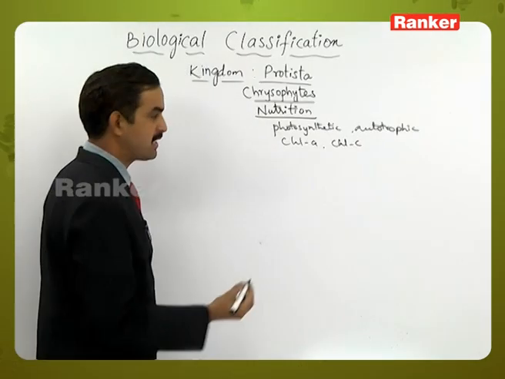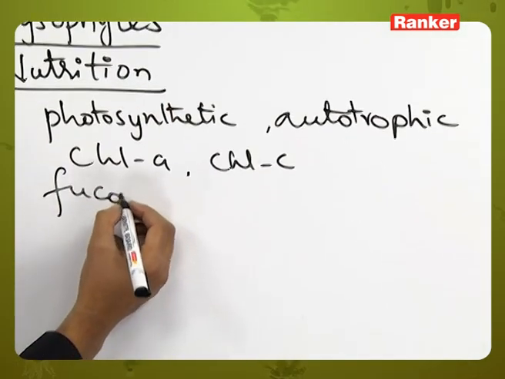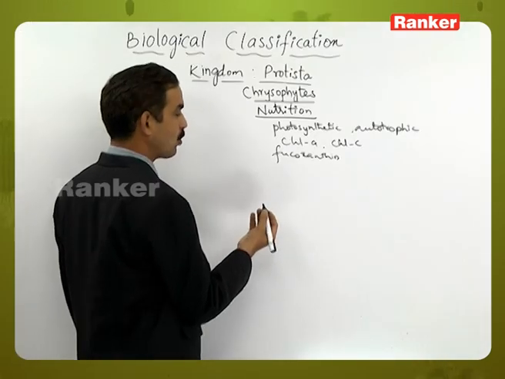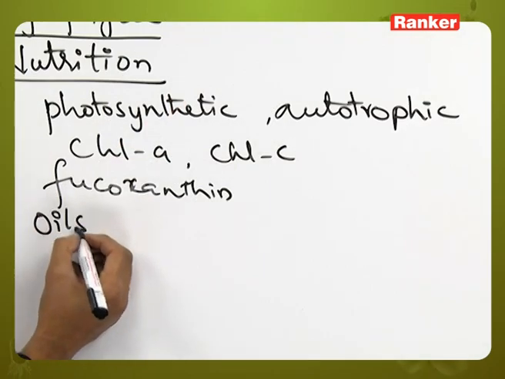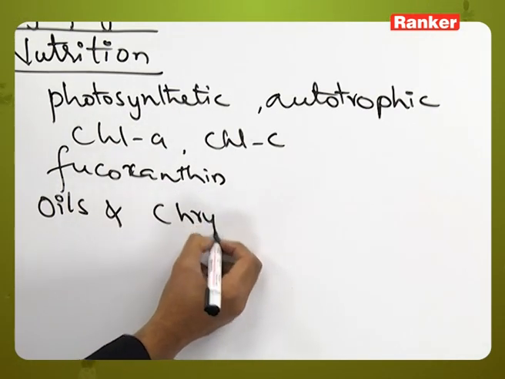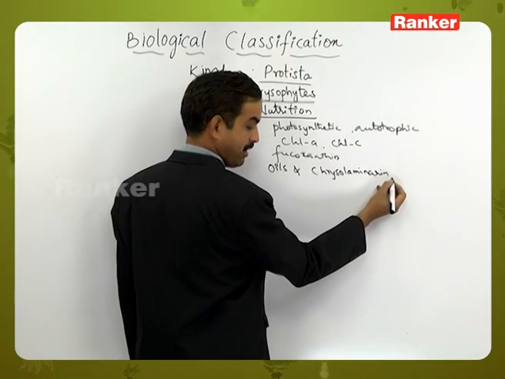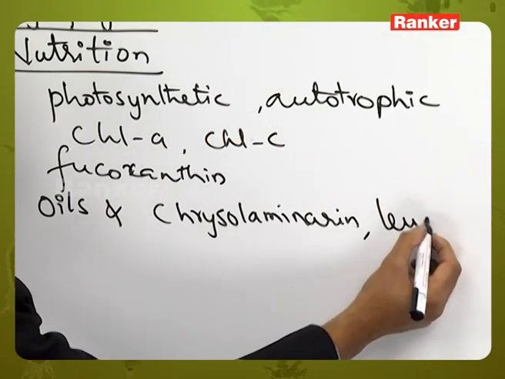Apart from these two pigments, they have fucoxanthin also, and they will store the food materials in the form of oils and chrysolaminarin along with leucosin.